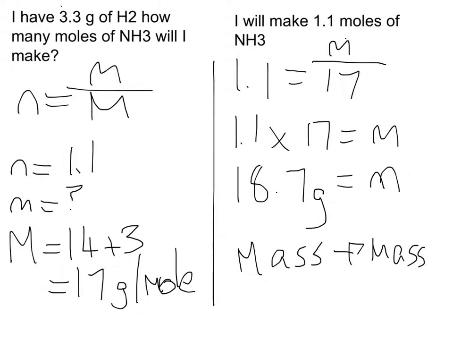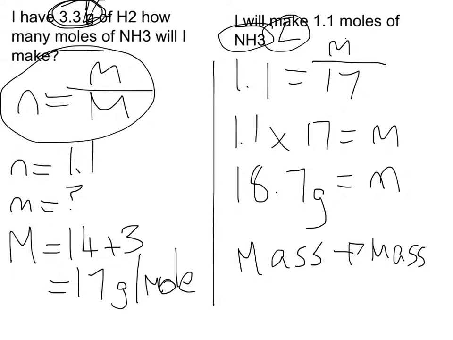Let's say we didn't have this in grams, but we had this in 3.3 liters. And then my question wasn't, I'll make 1.1 moles. My question was wanting not how many grams of NH3, which is what we just did now, but how many liters of NH3. Well then, instead of using this equation here, we would use the liters equation that I gave before.